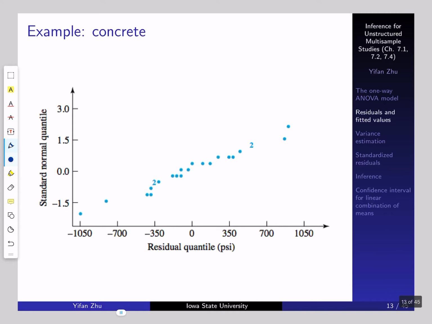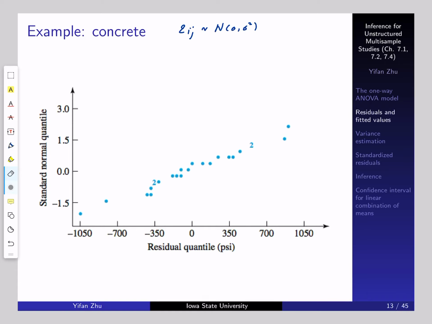And to check the normal distribution, because we assume that the epsilon ij in the model should be with mean zero and variance sigma squared, we can also plot the normal QQ plot of the residuals.